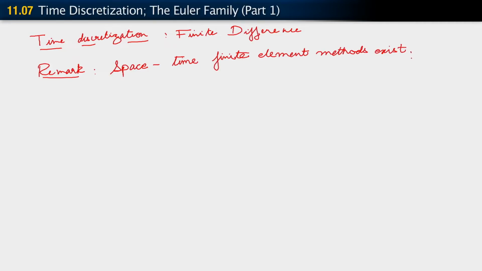These types of methods are based on carrying out integration over omega and over the interval 0, t.